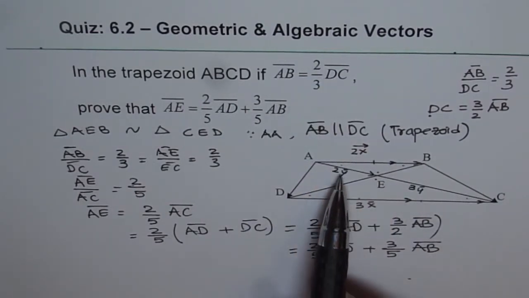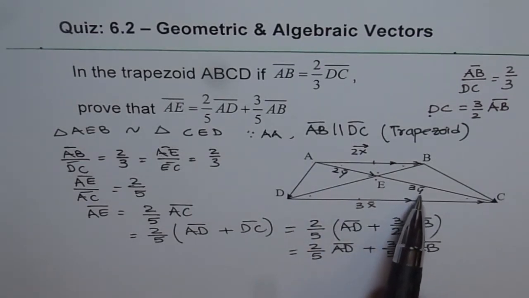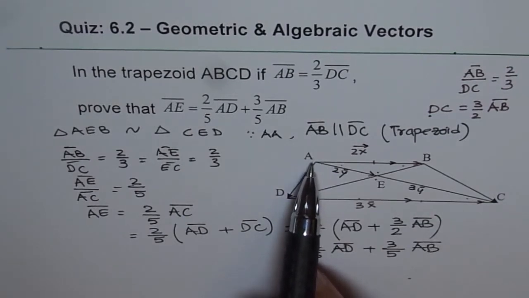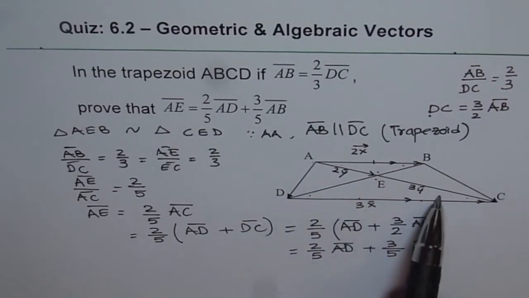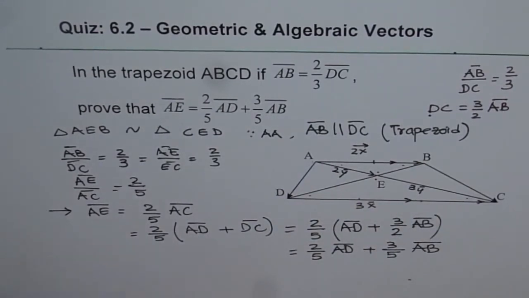Now if each side is 2 is to 3, then you can write 2y and 3y. And then from here, we say the ratio of AE to AC is 2 over 5. That's the turning point. That is a critical step here, where you have to remember and understand.